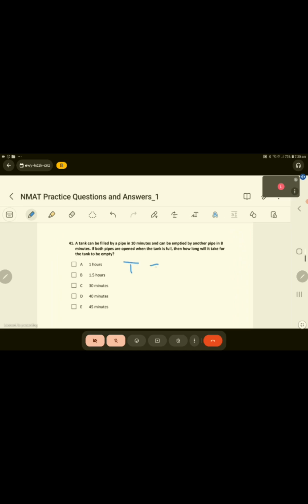So we are using this formula: T equals AB over B minus A. So T equals 8 times 10 over 10 minus 8. That is 80 over 2. 80 over 2 is 40. Do you agree with me?